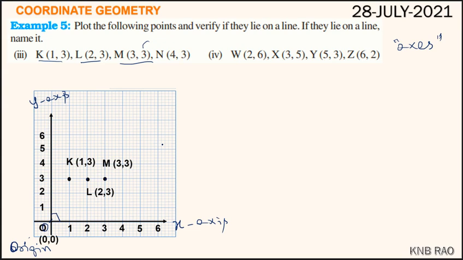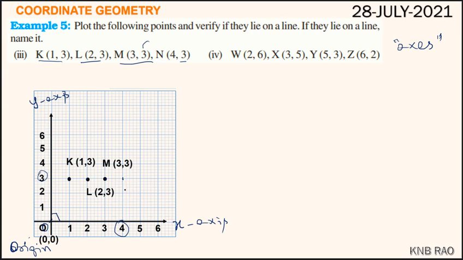Then 4 comma 3. The x coordinate is 4, which means the perpendicular distance from the y axis to the point is 4 units, and the y coordinate is 3, which means the perpendicular distance from the x axis to that point is 3 units.